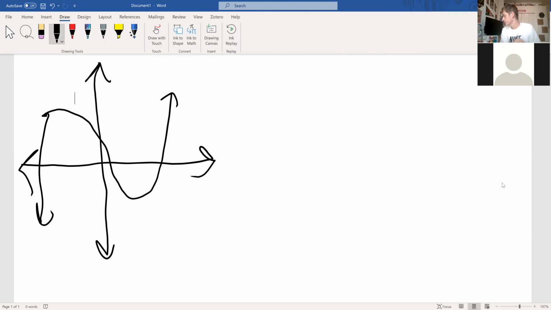And then it was asking for the relative maxima and the relative minima. So for that one, I think that's close to it. Yeah, it's actually decent enough.